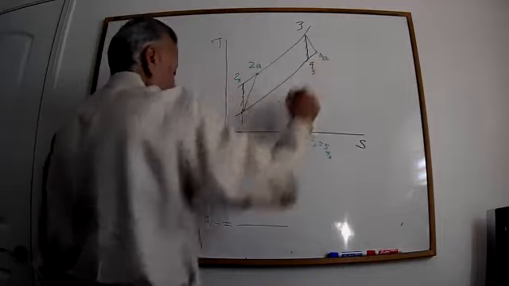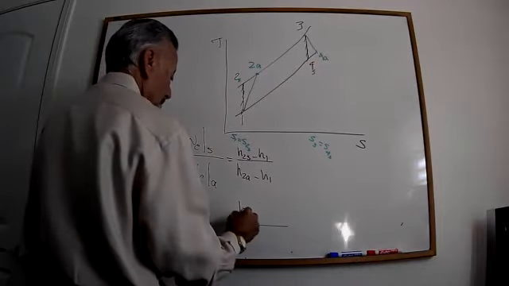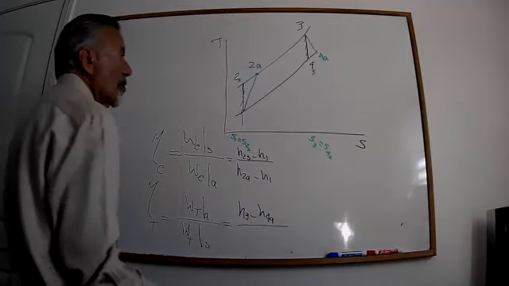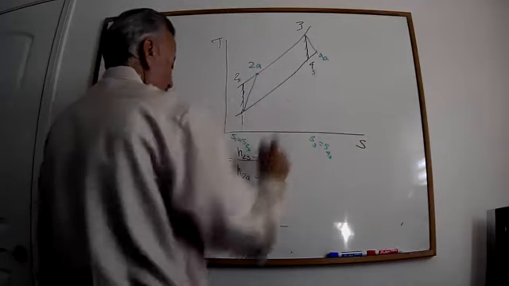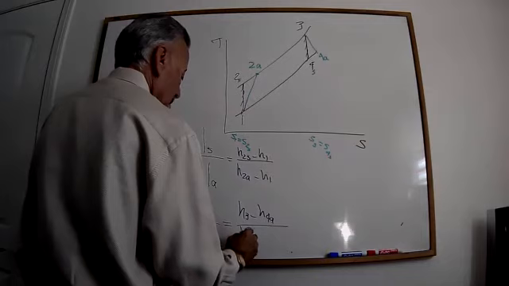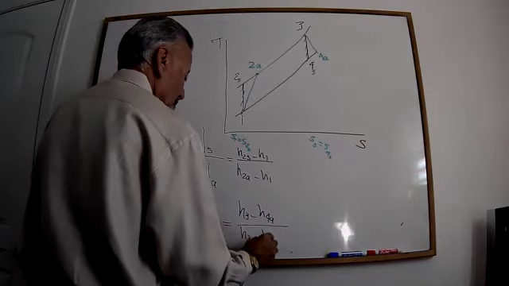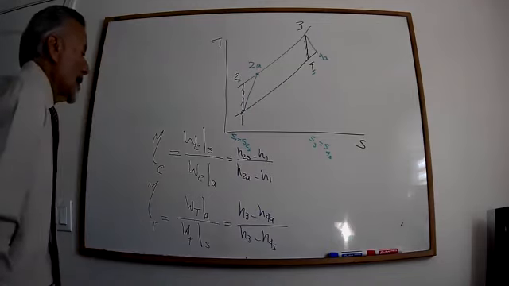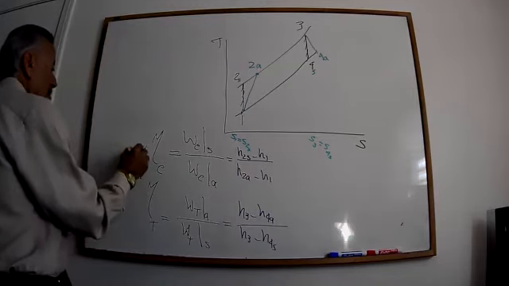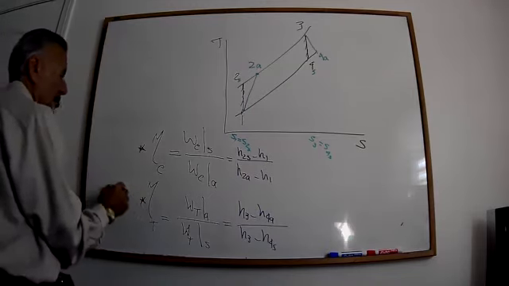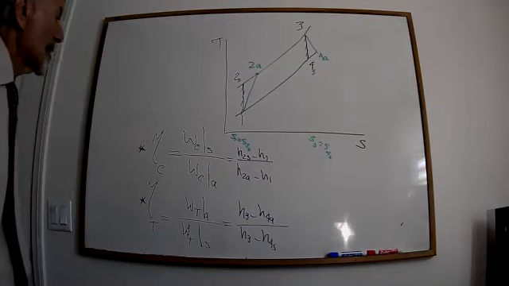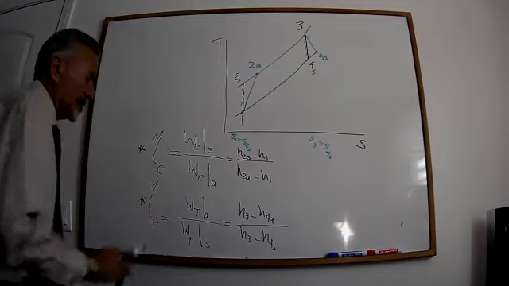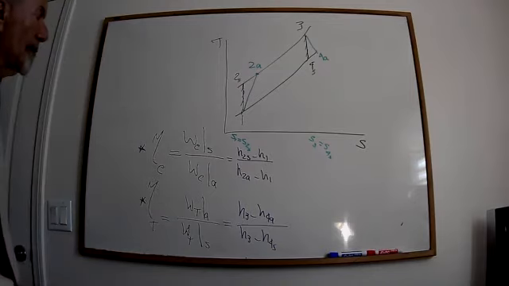H3 minus H4a. What is the isentropic part? H3 minus H4s. These two never change. These are equations. That's how we find efficiency of a compressor and efficiency of a turbine.